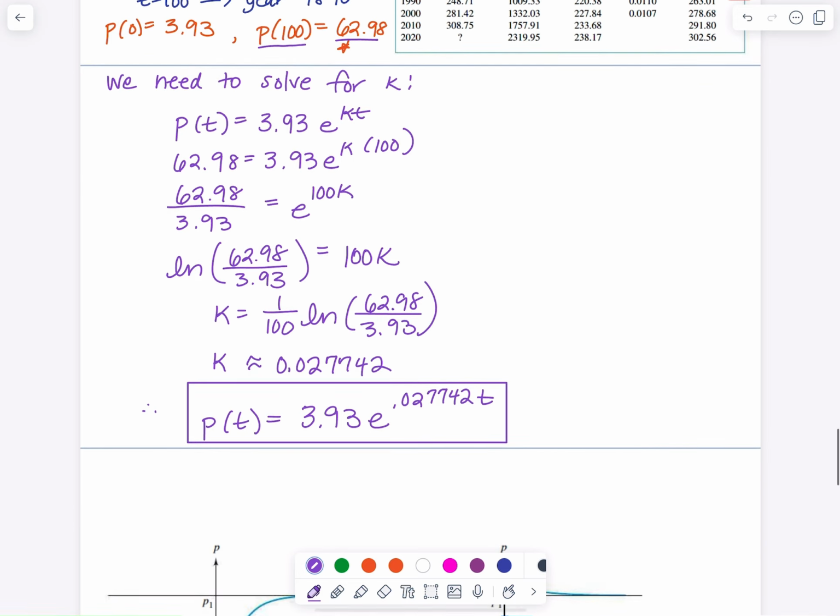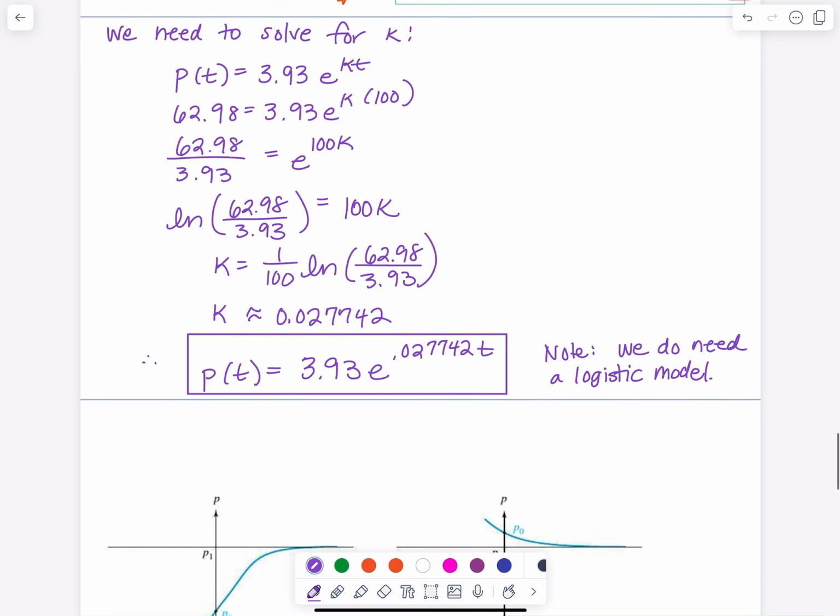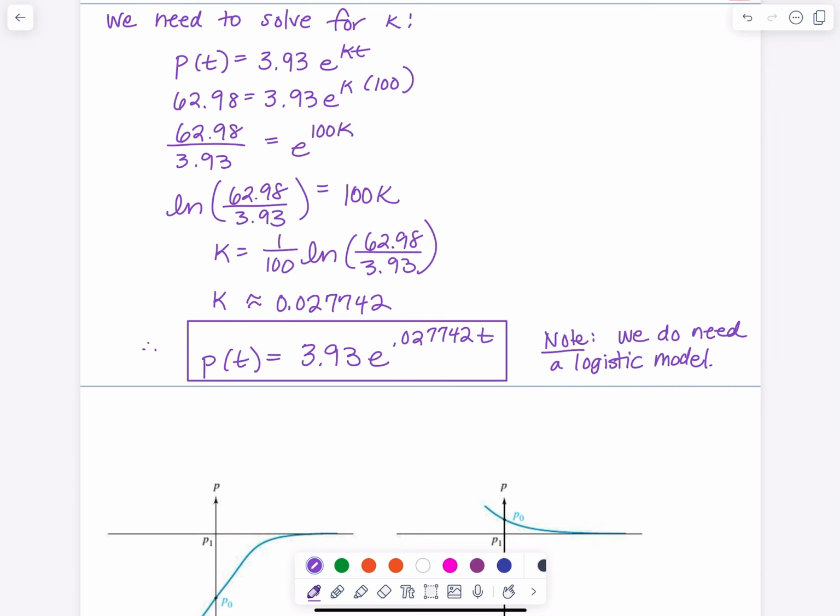We do need a logistic model, and that model would take into account disease, death due to disease, violent crimes, and lack of medical supplies. This model does not consider any of those things that might happen.